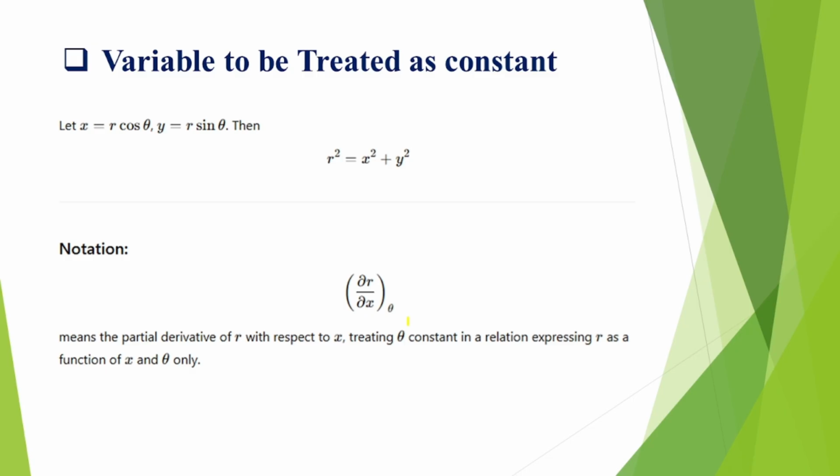When we perform partial differentiation, we must treat all other variables as constant. So the variable to be treated as a constant. For example, if we are differentiating with respect to x, we treat y as a constant even if they are related. Suppose x is equal to r cos theta and y is equal to r sin theta, then r square equals x square plus y square.